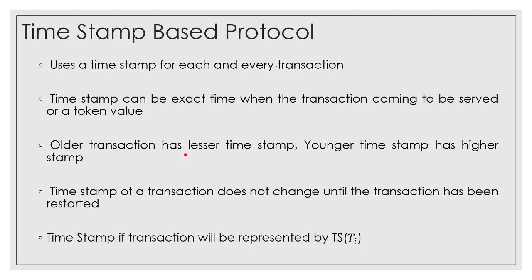A timestamp for a transaction Ti will be represented by TS(Ti). So in this point we can write that if TS(Ti) is less than TS(Tj), that means Ti is the older transaction, and Tj is the younger transaction.